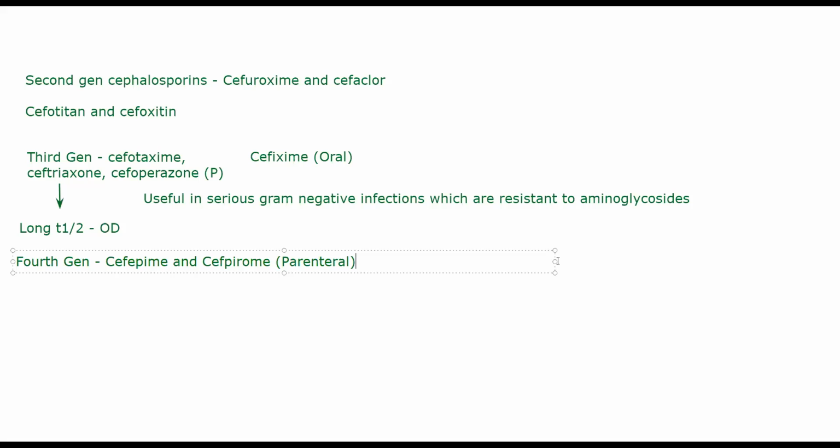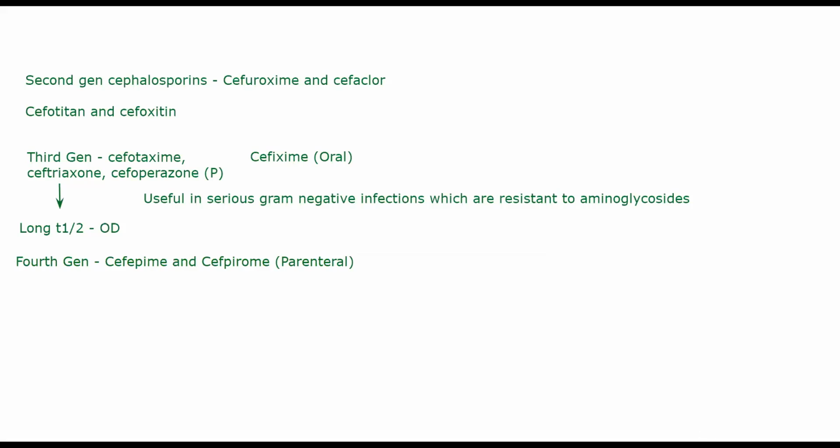Because the bacteria has become advanced, you will have to use a different beta lactamase resistant antibacterial. That is why cefepime and cefpirome are better at resisting beta lactamase than first, second, and third generation. Both of these drugs are excreted through the kidneys.